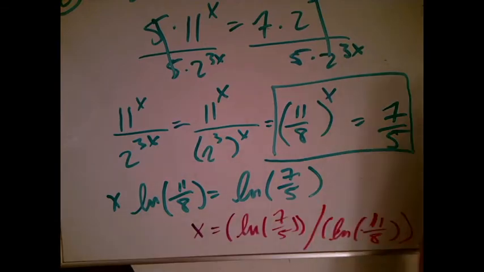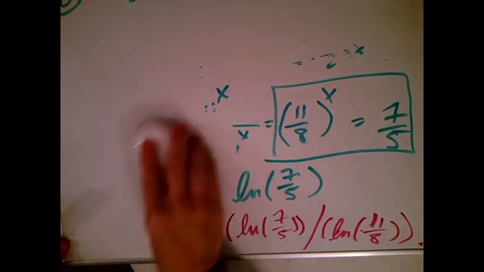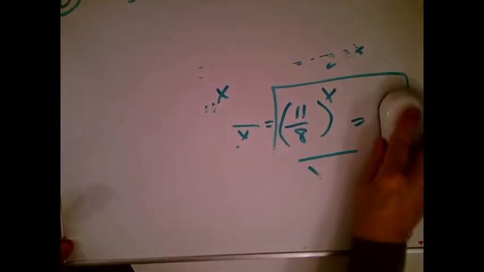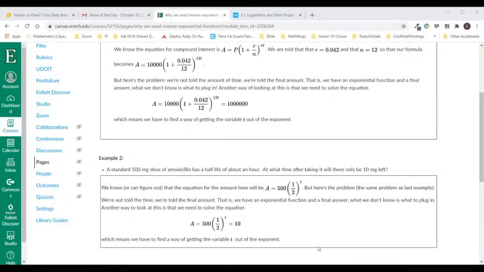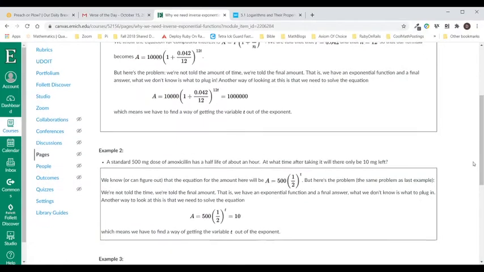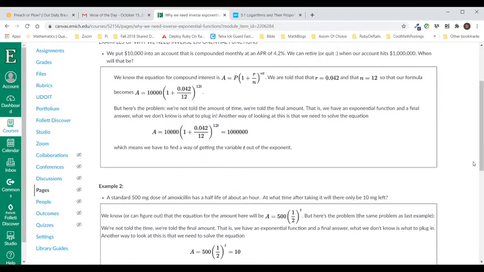It's not so bad. All right, so meanwhile, I'm going to go to the first example we saw when we were trying to explain why we might need exponential functions to begin with. Okay, we put $10,000 into an account that is compounded monthly at an annual percentage rate of 4.2%.